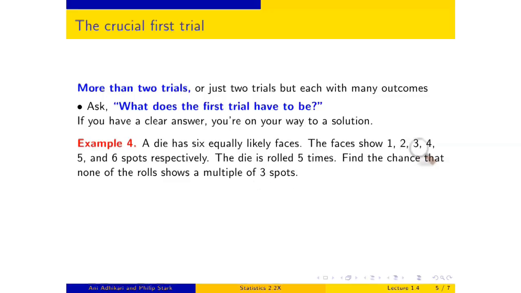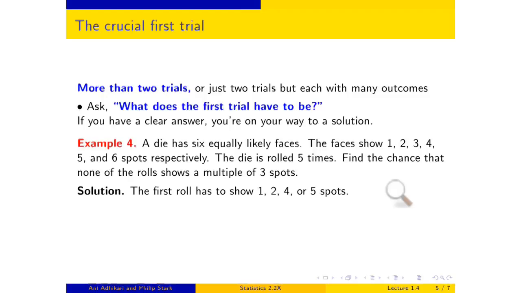So it better not show you 3 and it better not show you 6. So what can it show you? It has to show you 1, 2, 4 or 5 spots. You can say that very clearly. There's no other way. The minute you can say that, you know that the chance that your condition is satisfied on the first roll is 4 in 6.